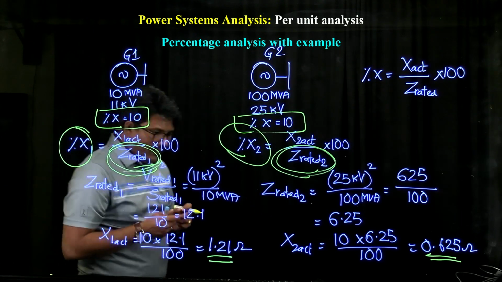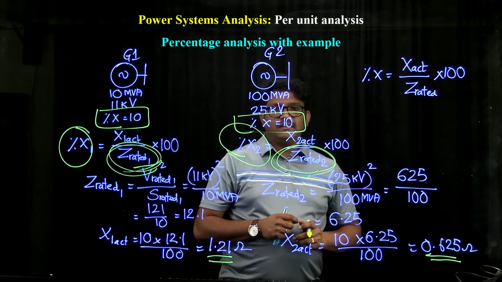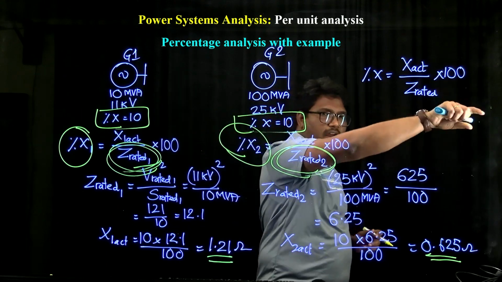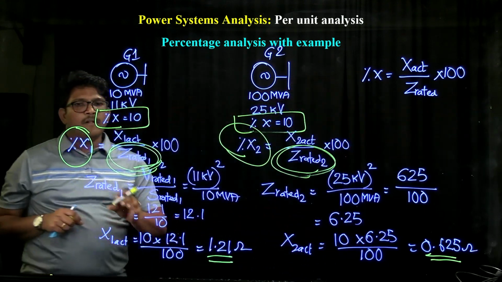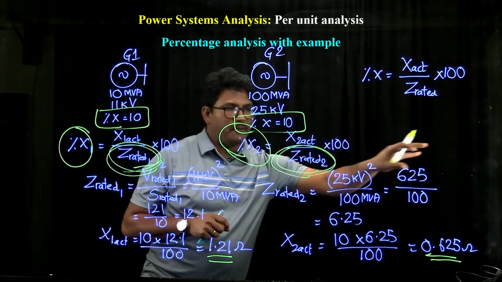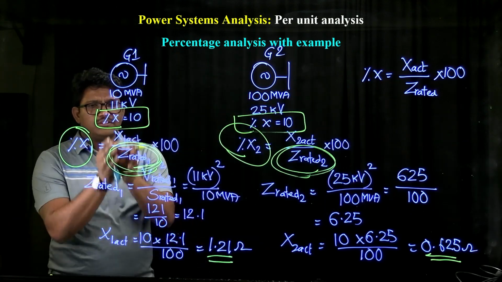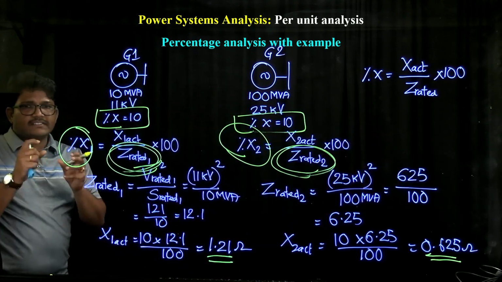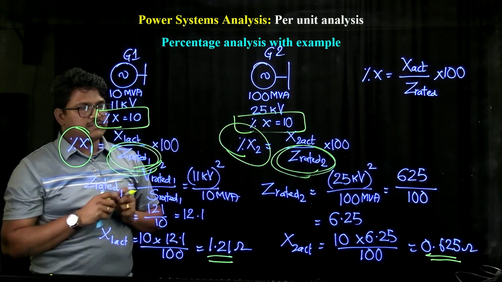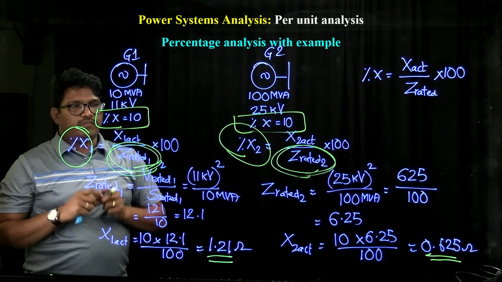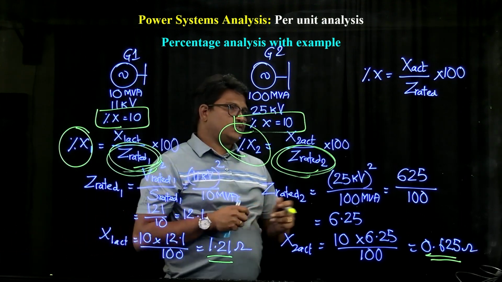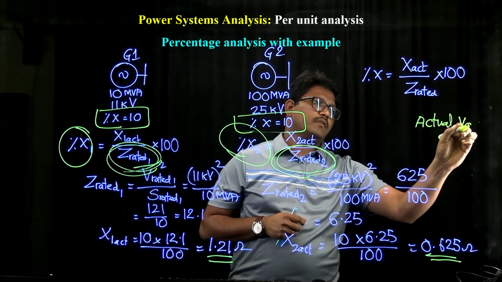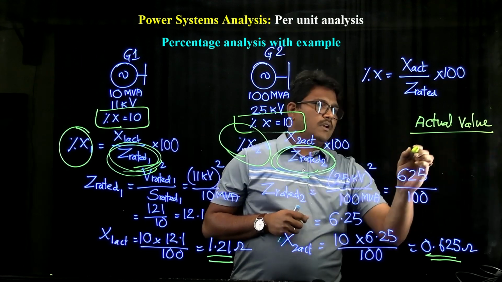So now the simple trick here to solve this problem is that, okay, fine, I have an actual value 1 here, actual value 2 here, maybe 3, 4, 5 and so on, but it's better to have the reference to be same. Not like generator 1, generator 2, generator 3 and so on. So now if you want to have the same reference throughout all the machines for the changing actual quantities, then I have an actual value and I have a base value.